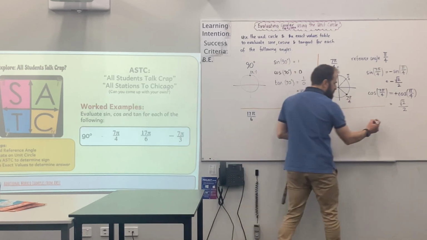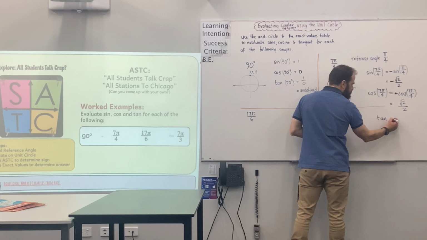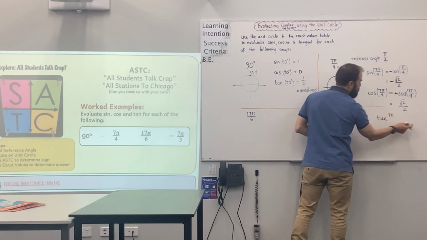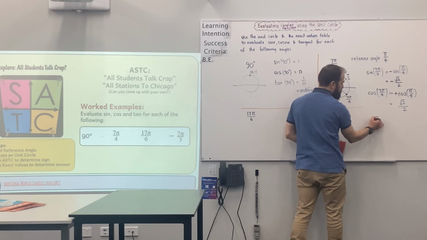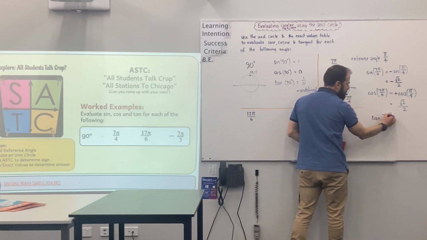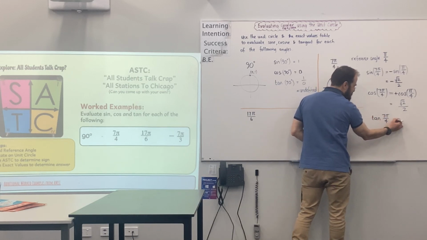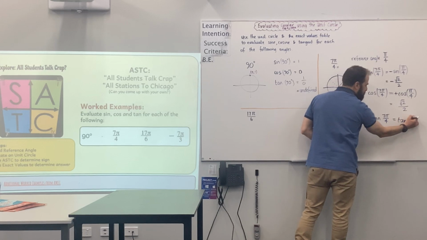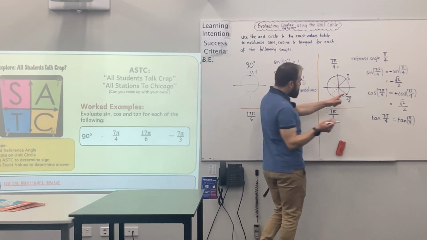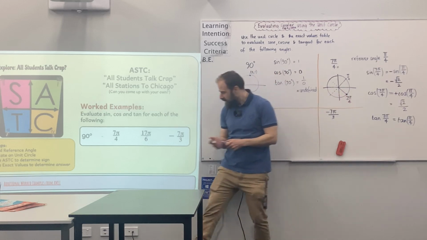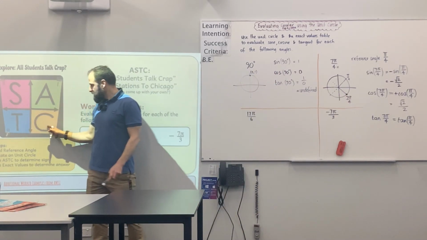Third angle I've got to find. Tan of 7 pi on 4. I'm just going to bring it over so we're in the video. Tan of 7 pi on 4 has something to do with tan of pi on 4. Except 7 pi on 4 is in the fourth quadrant. So I go over to ASTC.